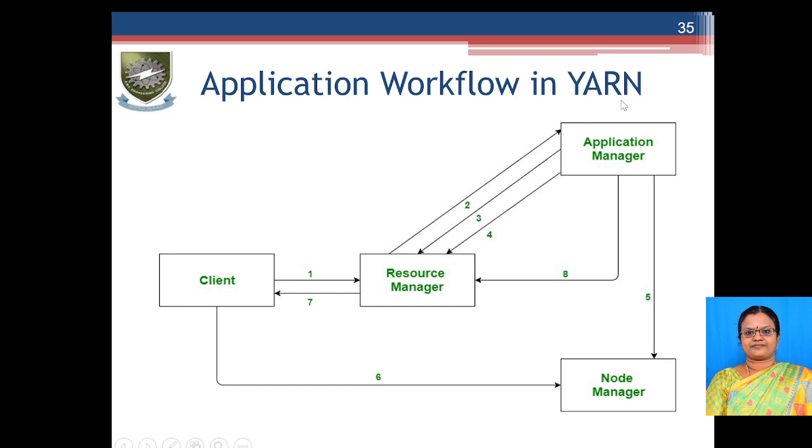Then it also activates the slaves by sending the information on the number of containers required. Once the containers are ready, the client can send the information directly to the node manager. Whenever the information is ready, it is sent back to the application manager, which forwards it back to the resource manager and then to the client.